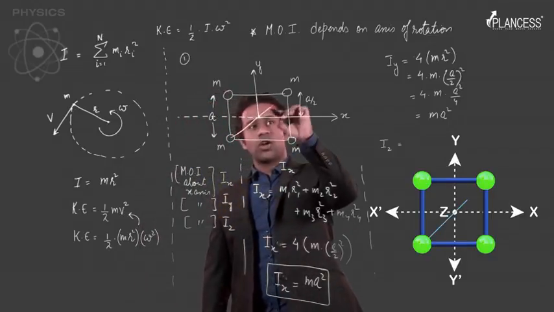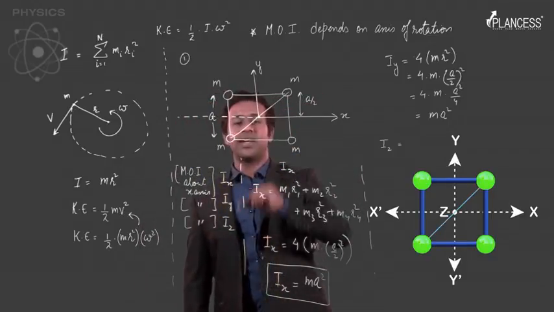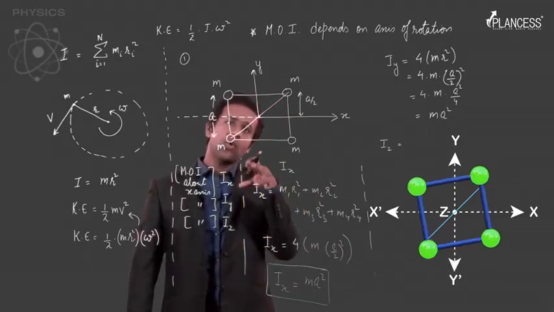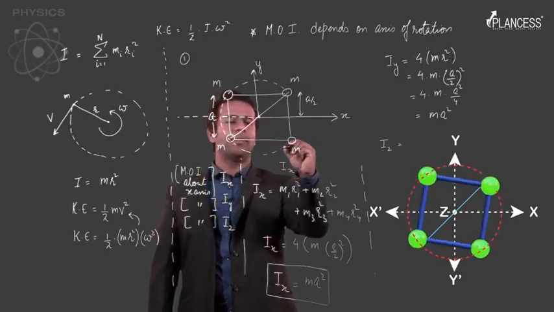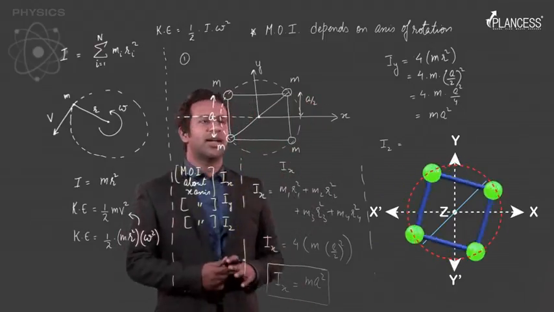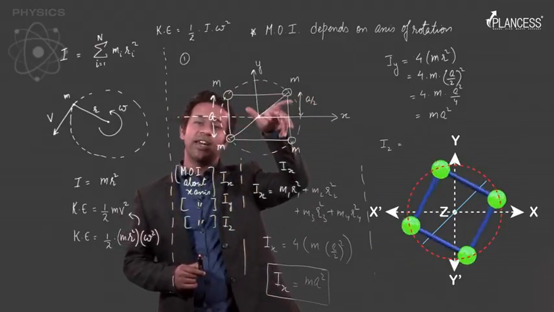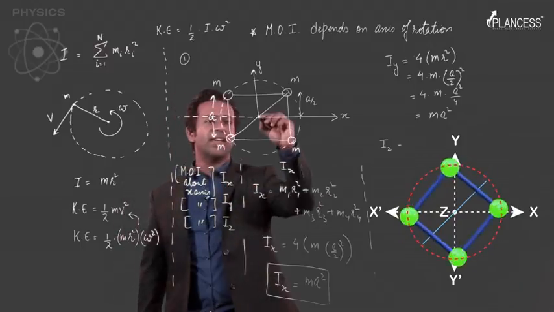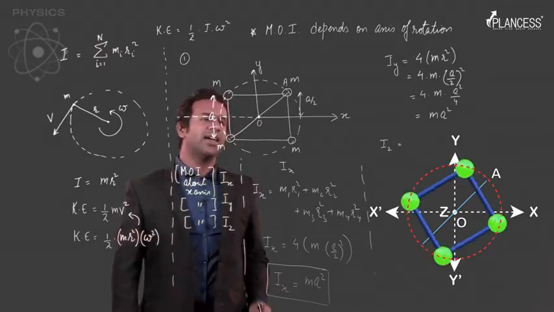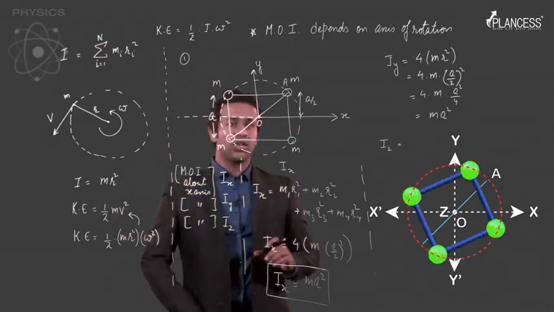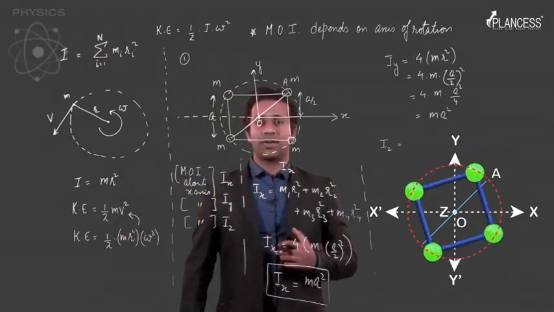If I draw the straight line, it will pass through the center, right? And when this goes in a circle, the circle is nothing but what I'm drawing right now. So it goes in a circle in its own plane, and the radius is equal to, if I call this O and this edge is A, then OA is the radius, which is half the length of the diagonal.